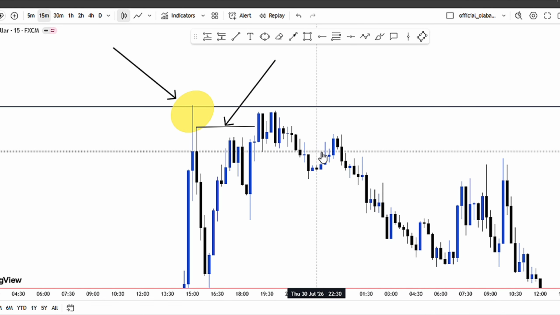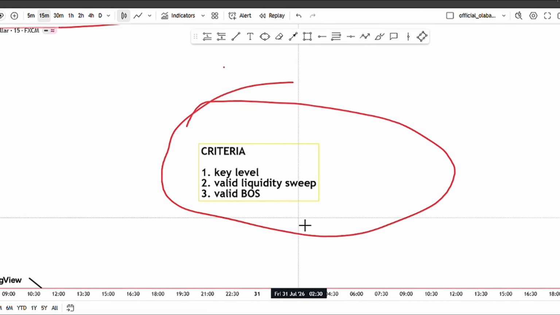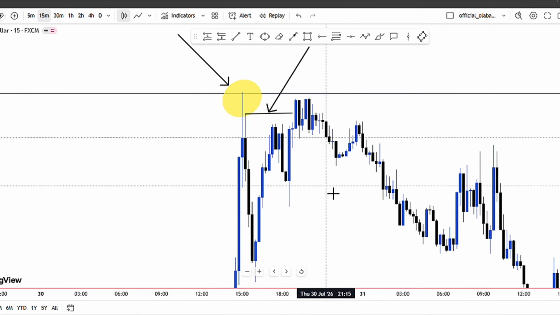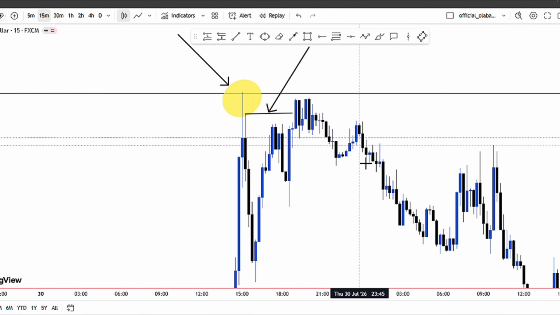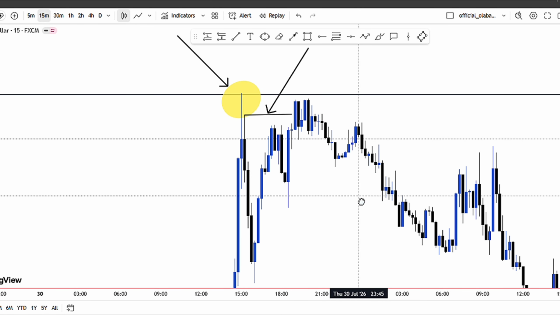Our three, what is our three? Don't forget, we will need a valid break of structure to validate that trend, to validate that supply.